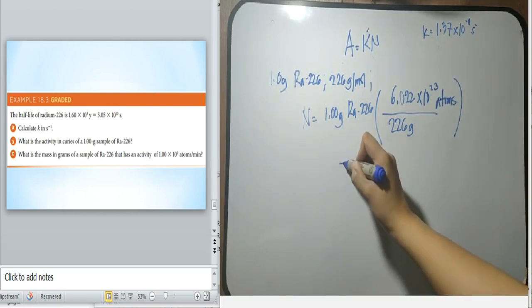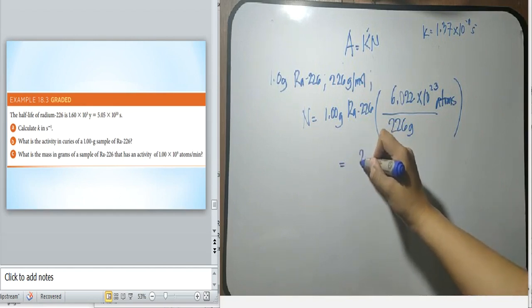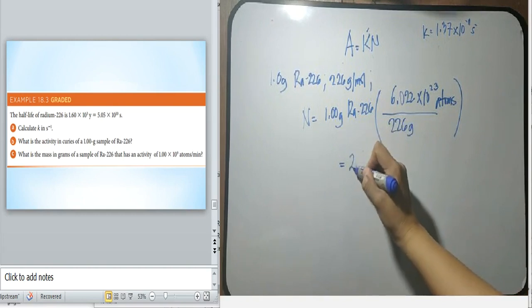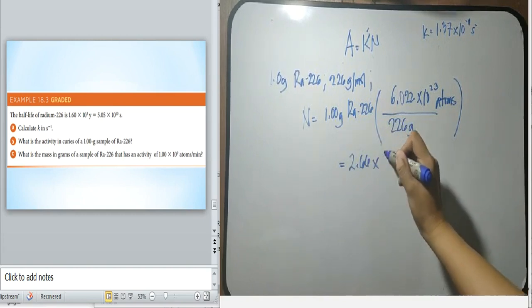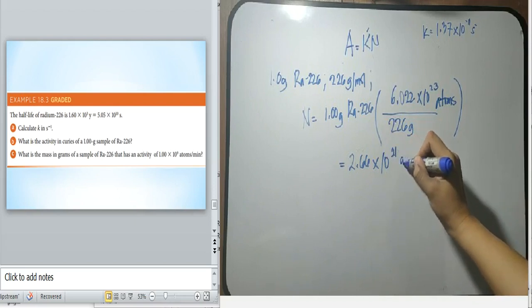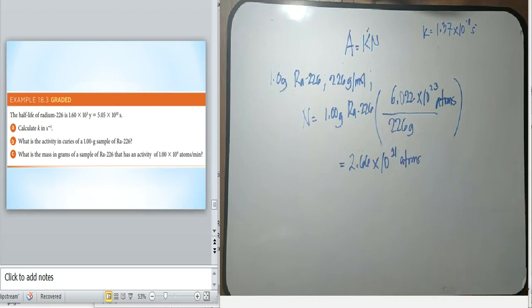So we have N is 2.66 times 10 raised to 21 atoms. Okay.